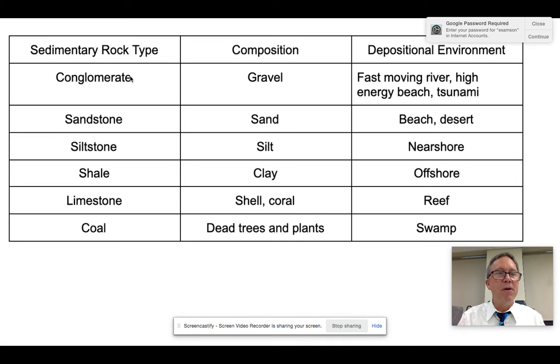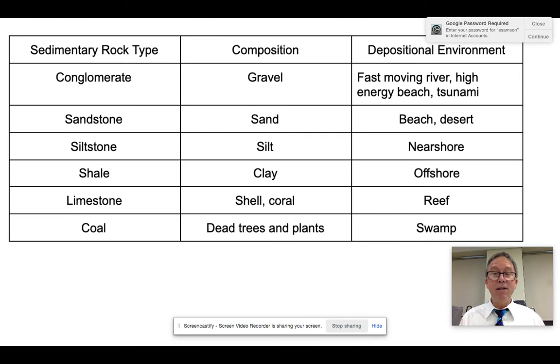A conglomerate is a name for a sedimentary rock type that's composed of gravels. If I see a conglomerate, that means this was a fast-moving river system, or this was deposited in a very high-energy beach, or this was deposited as a result of a tsunami.